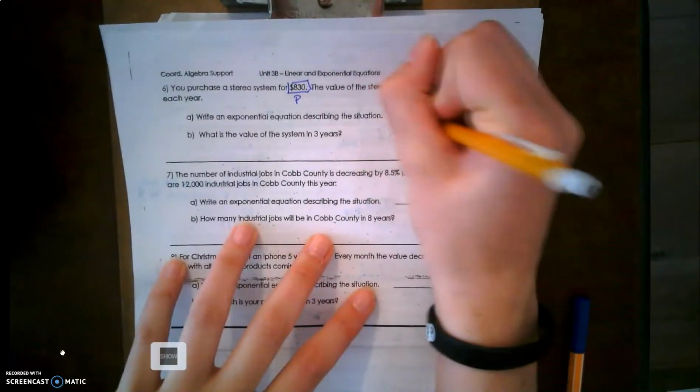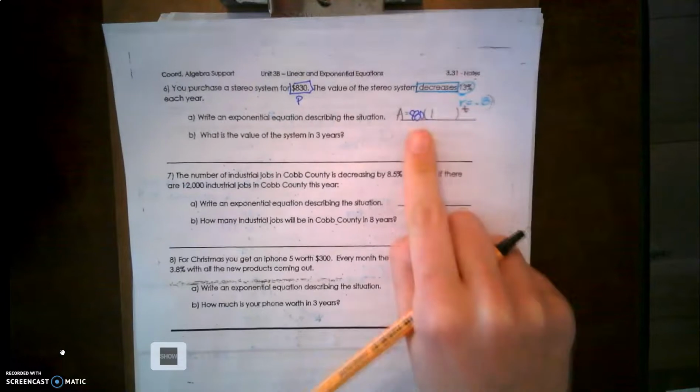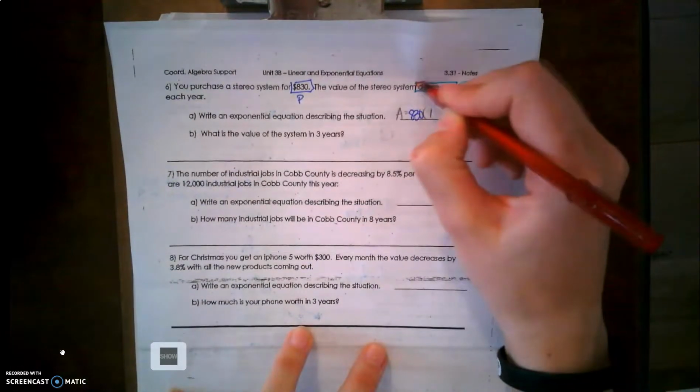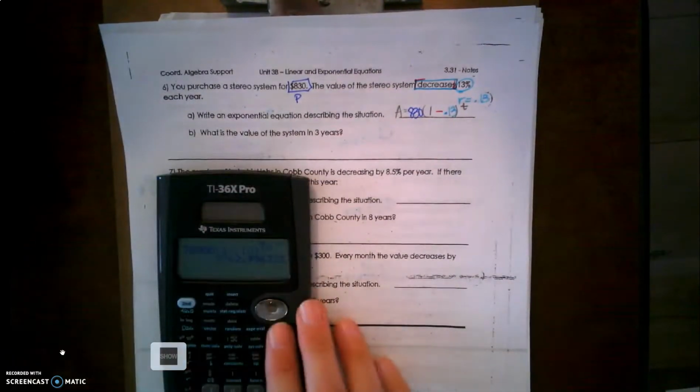So A equals 1. We don't know our time yet. So we start with 830. That's our principal. It goes first. We see this word decreases, so we subtract our rate. That rate is 13%, but we put in the decimal. And we want to know the value of the system 3 years from now.